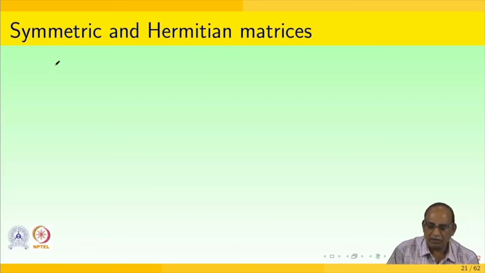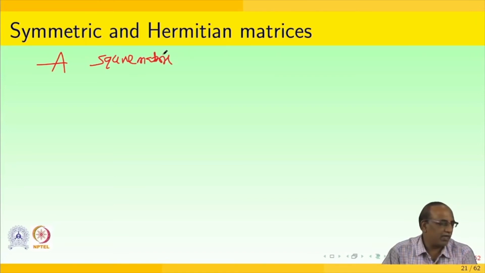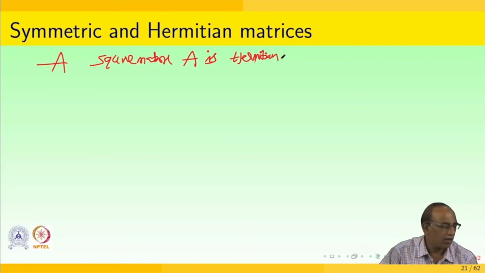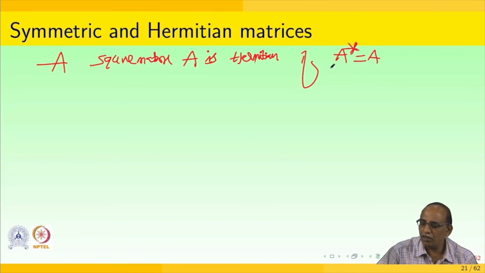So we call it a square matrix. A square matrix A is Hermitian if A star is equal to A, which we call Hermitian.